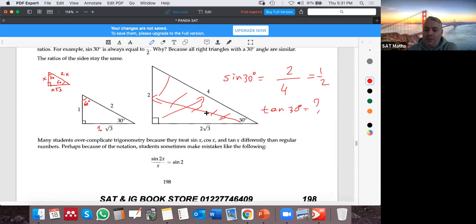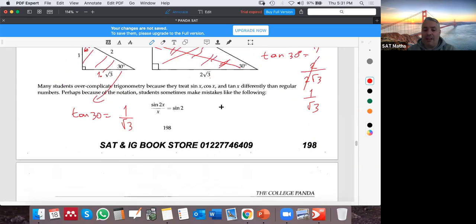When you know this triangle, tangent 30 is opposite, which is 2, divided by adjacent, which is 2 root 3. When you simplify, 1 over root 3. Even in this triangle, tangent 30 is the same: opposite 1 and adjacent root 3. So trigonometric ratios are the same everywhere. Sine 30 is sine 30, cosine 30 is cosine 30, everywhere.